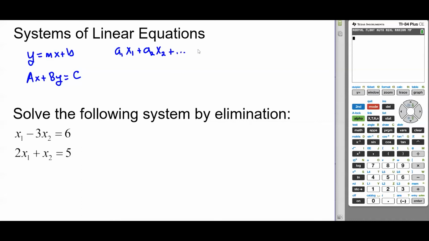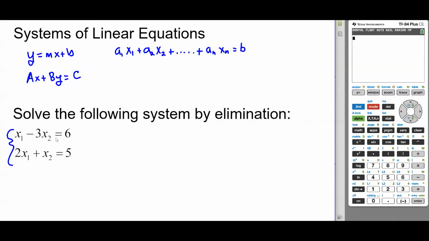And you can just keep going in this way until you get to the end. We'll say the nth one is a sub n and the nth variable is x sub n. And we'll call the constant on the right side b. Okay. So here's an example of a system where we've written those equations that way.